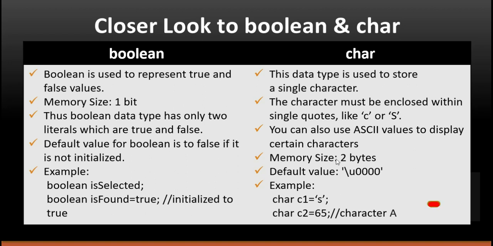Char data type occupies 2 bytes of memory, and the default value for char is \u0000, that is a 0 value. Here are a few examples. I have declared variable c1 which holds the single character S in single quotes. Another variable I have declared, c2, holds 65, which is nothing but the ASCII value of character A.